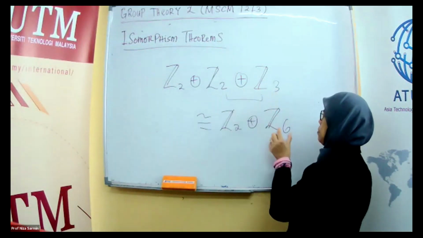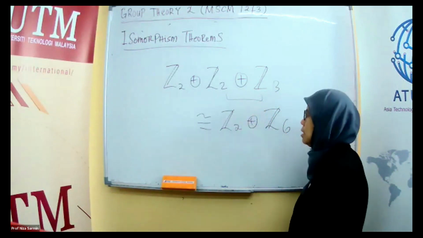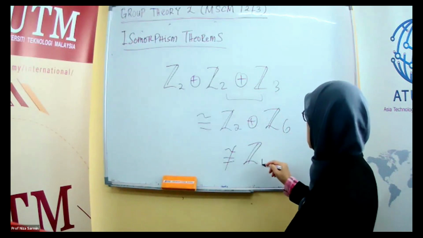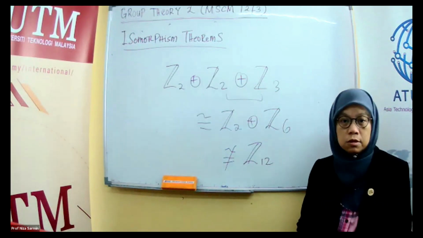If they are relatively prime, we can combine. But these are not relatively prime, so you cannot say they are isomorphic to this.